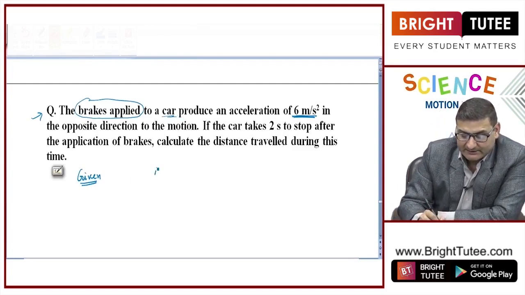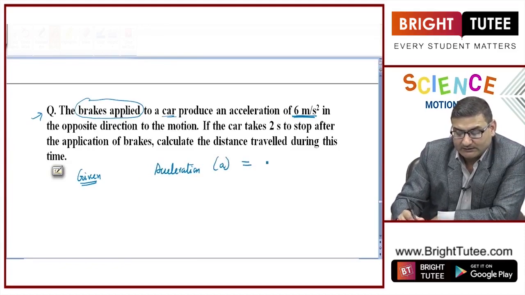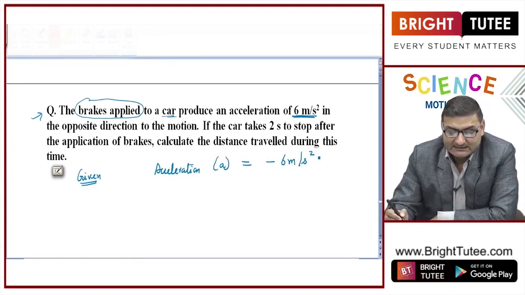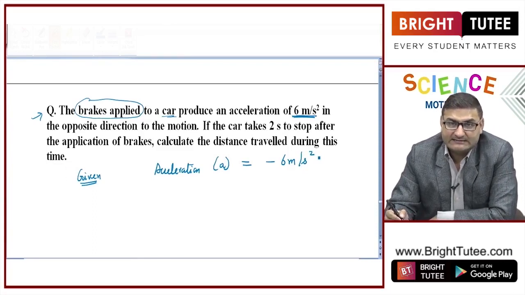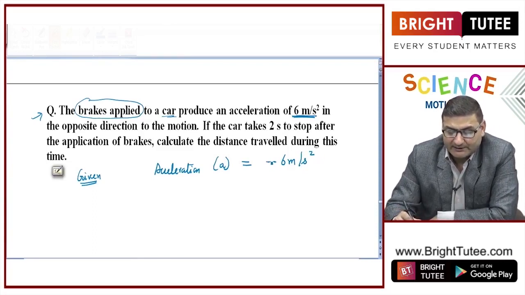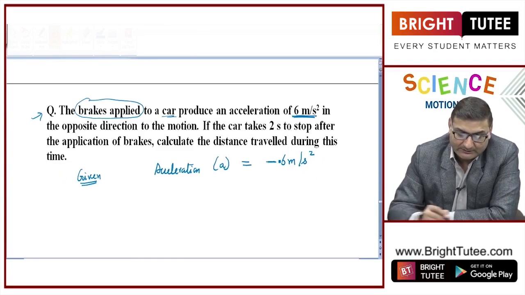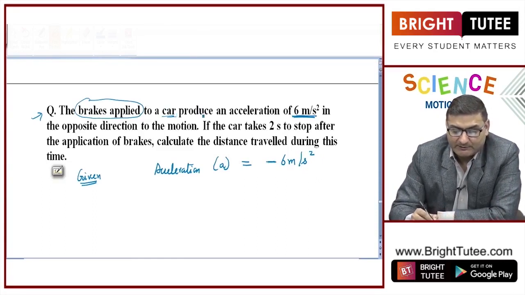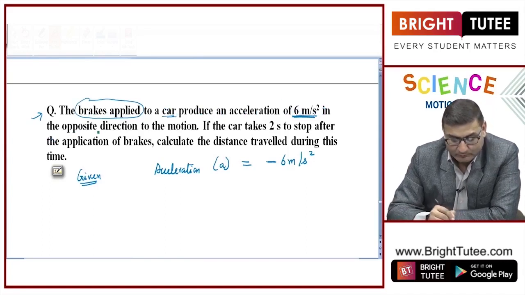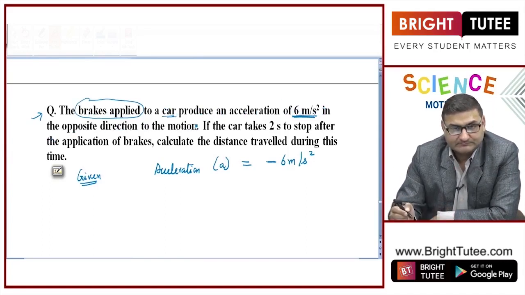So acceleration in the negative way, or retardation, is given as 6 meter per second square, and since the brakes are applied, it is negative acceleration, so we need to take care of putting this minus sign. Correct? The brakes produce an acceleration of 6 meter per second square in the opposite direction to the motion.